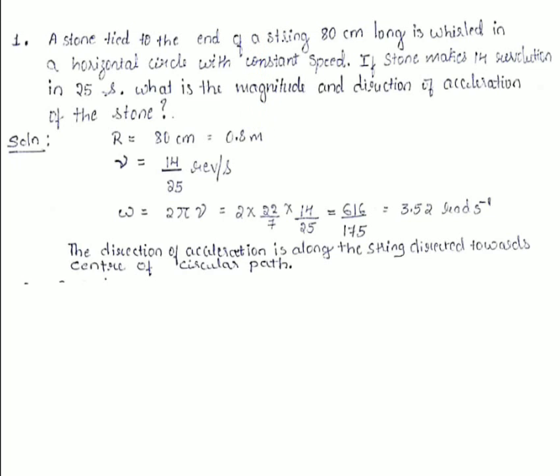Next, frequency nu is 14 upon 25 revolution per second. Omega is equal to 2 pi nu. So pi value is 22 by 7, nu value 14 by 25. If we substitute and simplify, how much will you get? 3.52 radian per second.